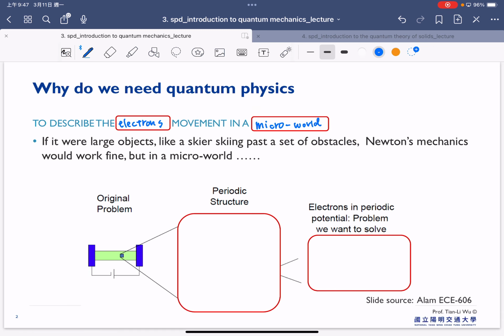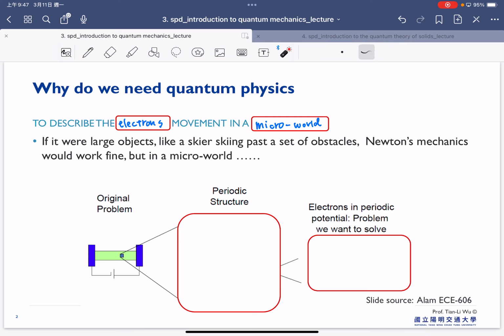Quantum mechanics can only be applied in the extremely small scale, like the micron or even nanometer. That's exactly the scale of our semiconductor devices.